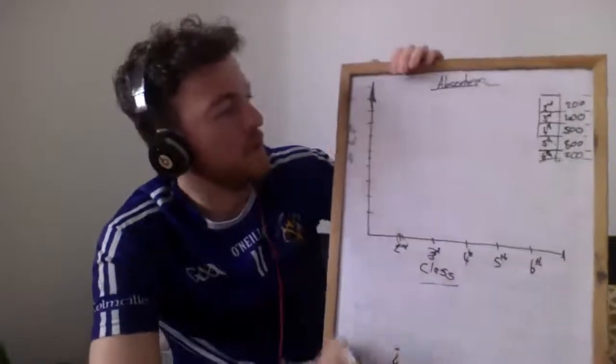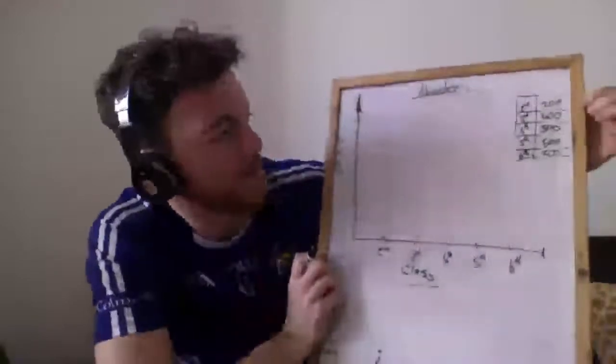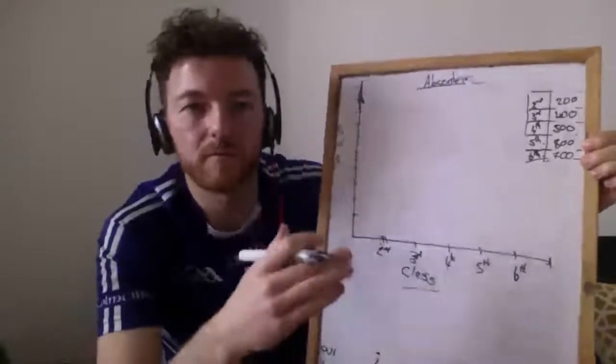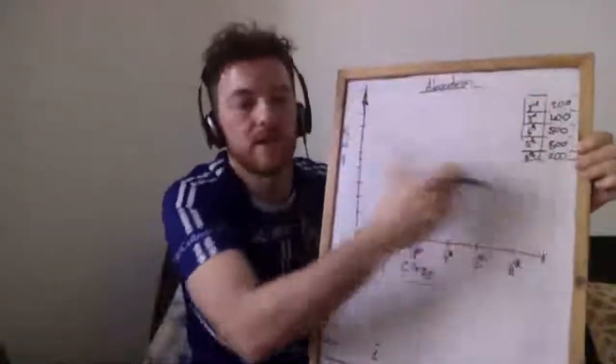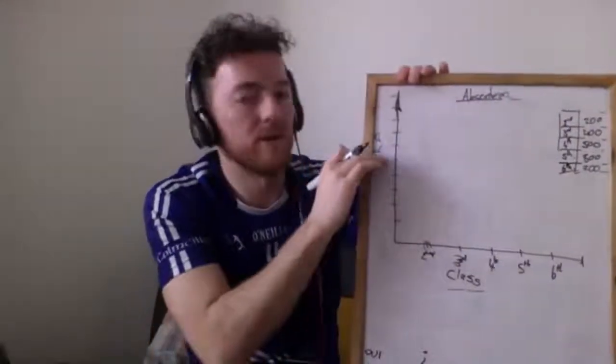Remember, if I picked 50 to start with, 10 50s is 500. 500 would have been good, except 5th and 6th, I wouldn't have had space for them, so it doesn't work. You must make sure the full range of data can be displayed on your axis. And remember, every interval is equally spaced as well.